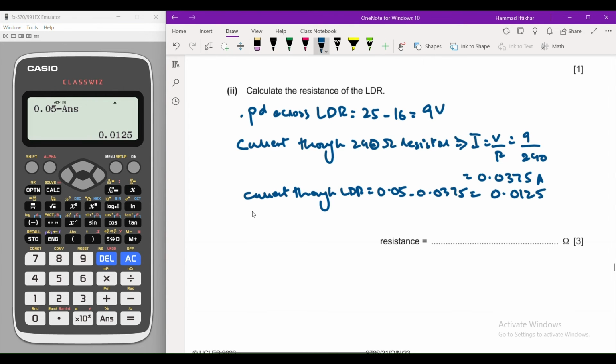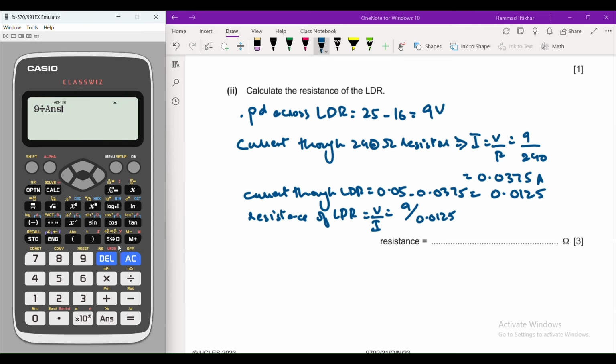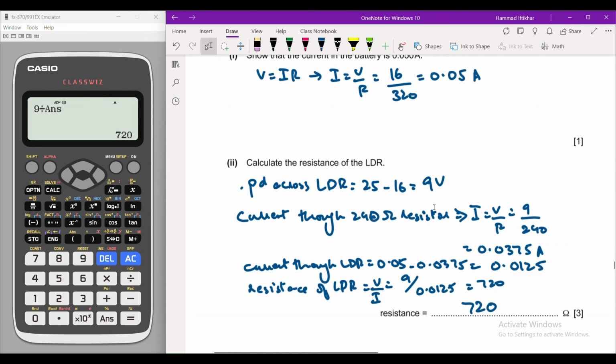So the resistance of the LDR is equal to V over I, that is 9 over 0.0125, which is 720 ohms. So pretty straightforward.